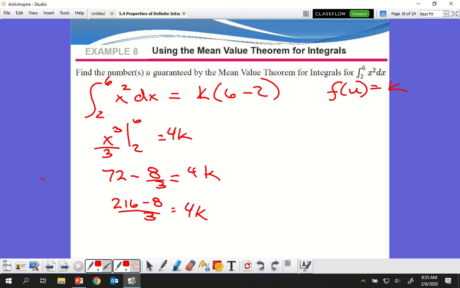Okay, so that's going to give me 208 over 3, divided by 4, so 208 over 12. Yes, 208 over 12.